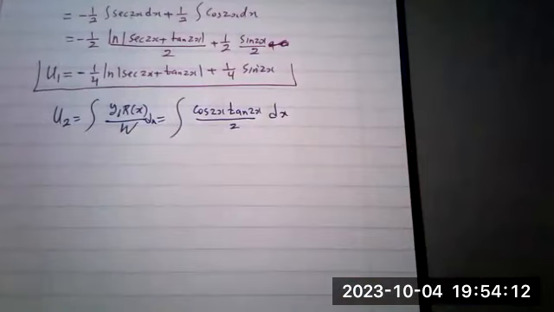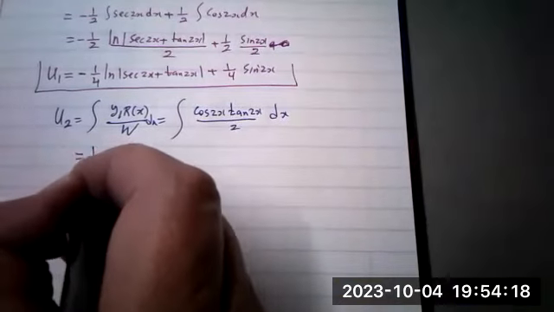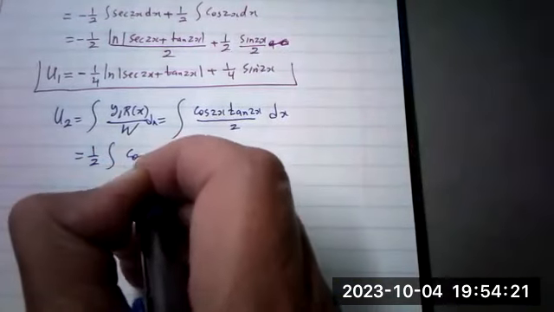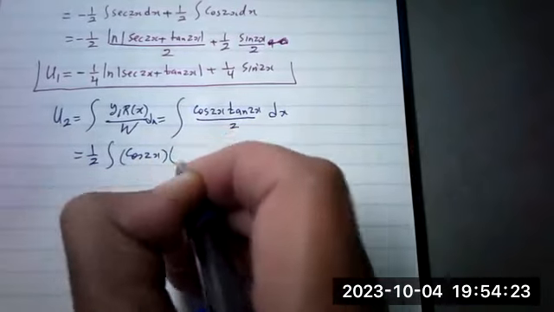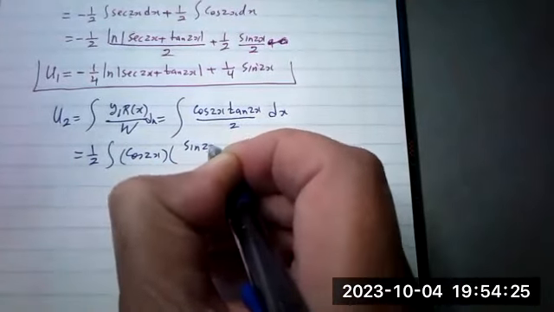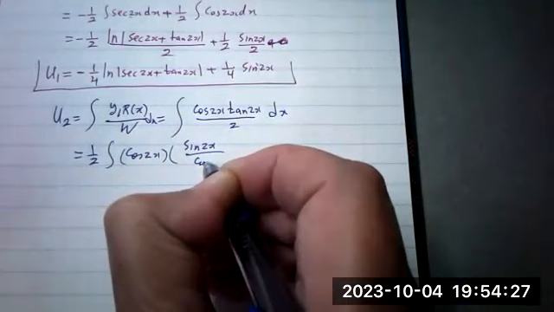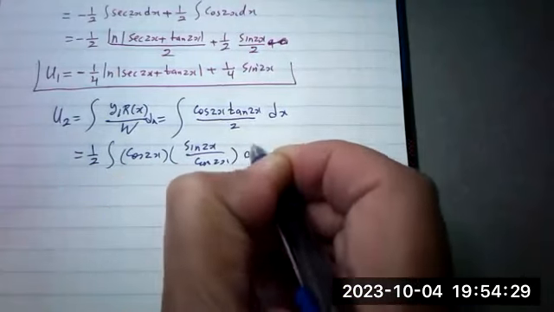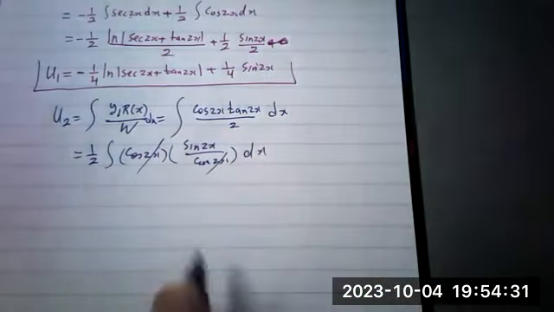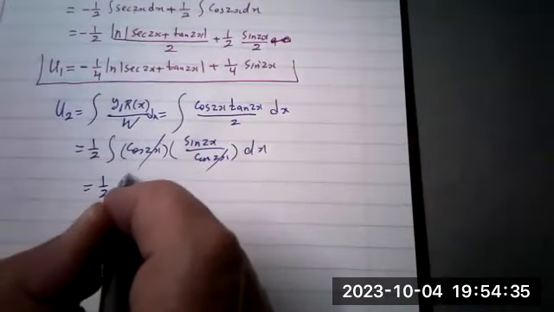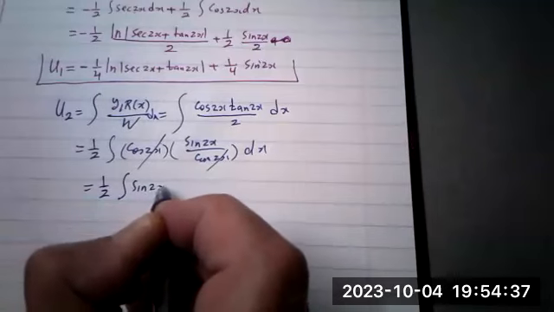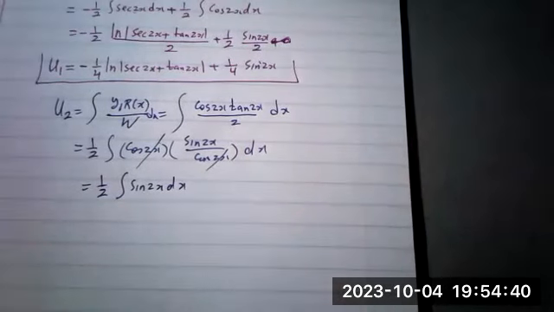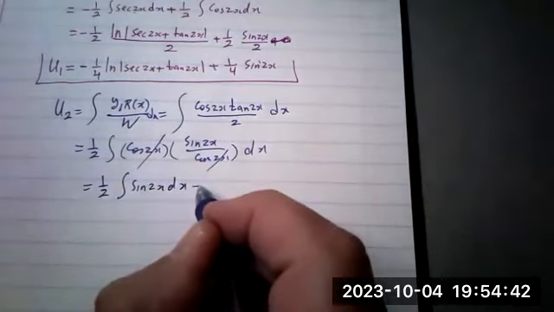That's easier because the tan is sine over cosine. So it's 1/2 times the cosine of the 2x times sine of the 2x over cosine of the 2x. The cosine and cosine cancel out. So that gives you 1/2 integral of a sine of the 2x dx, which is easy.